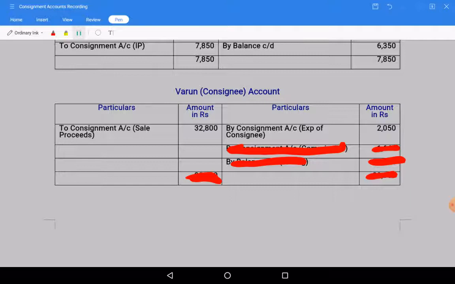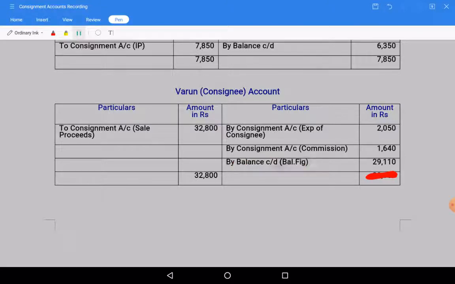and he has sold the goods to consignment, sales 32,800, and on sales he is entitled commission, by consignment account commission 1640, and debit side it is 32,800. From 32,800 if you deduct 2050 and 1640, it will be 29,110.